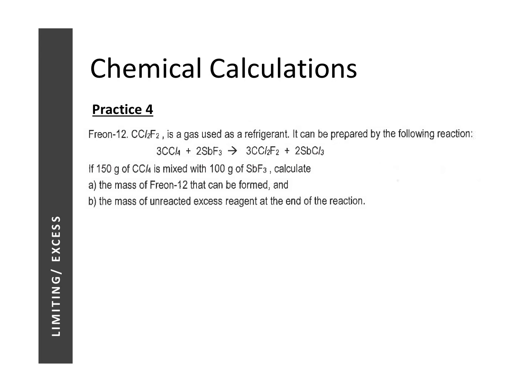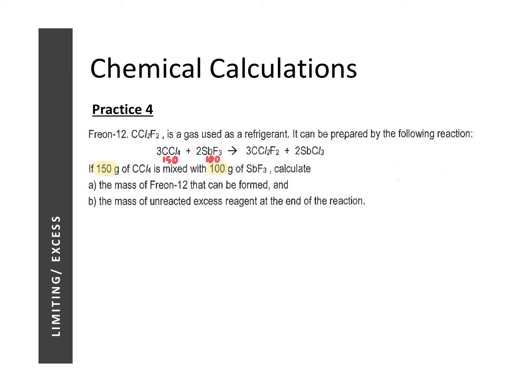In this particular question, once again, I hope you can recognize that it's a limiting excess type question before even reading part A and B. Why is that so? It is because you are given the mass of two reactants: carbon tetrachloride and antimony trifluoride.